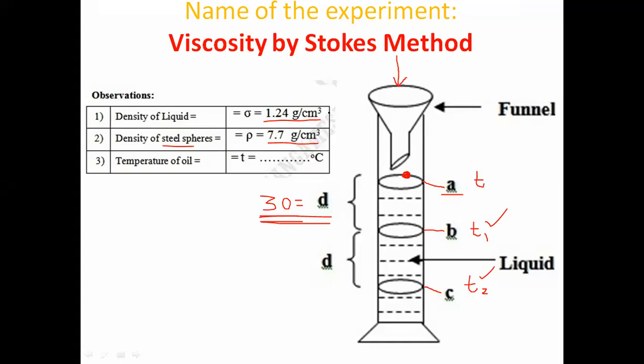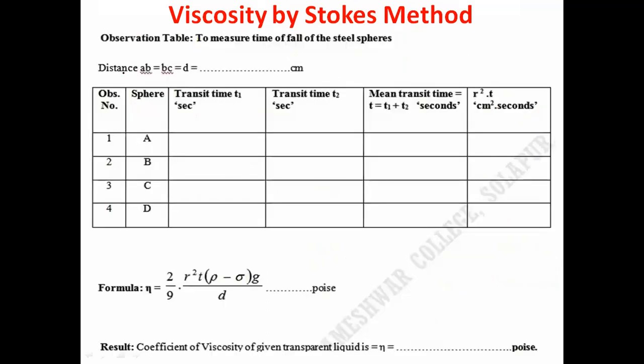So these two values are given to you. You have to measure the temperature of oil, that is in terms of the room temperature. After that, you know very well that distance AB is equal to BC is equal to D, which is equal to 30 centimeter. Then here transit time T1, T2.